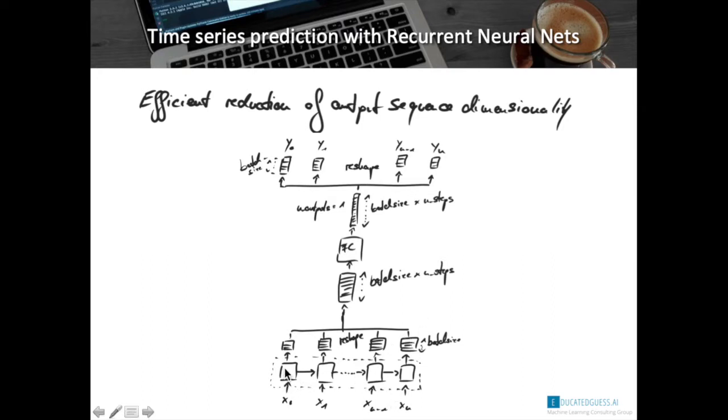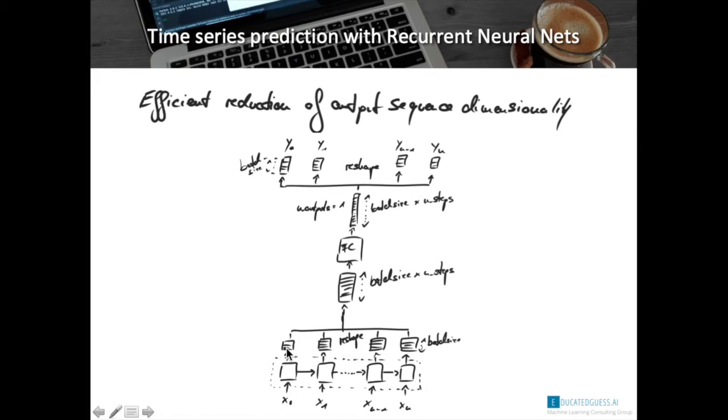However, as I've said, this requires one fully connected layer per cell. Now, by reshaping our values, we can collect the outputs of each cell and reshape this into an array of dimension batch size times n steps.